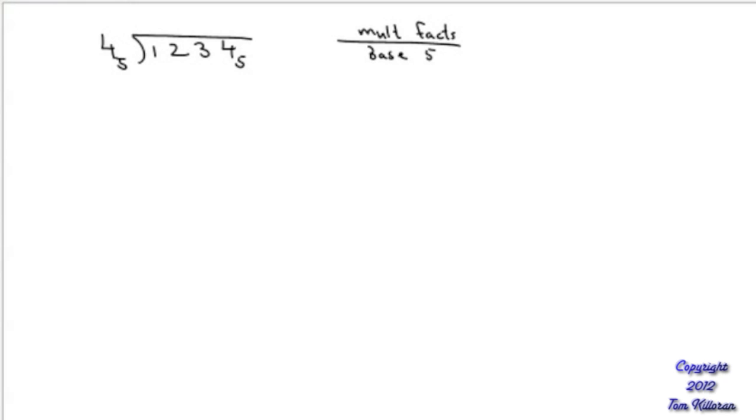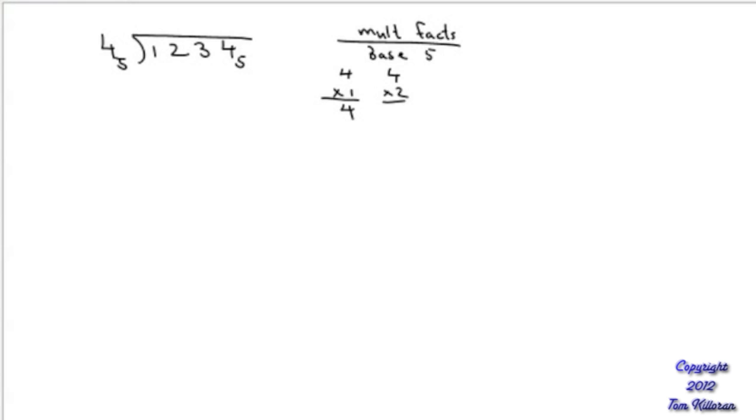So you start off with 4 times 1. I highly suggest you put the numbers on top of one another, because once you start putting them next to each other, left to right, you start reading things like 12 and 13 and 14, and nothing in this world is 12 or 13 or 14. 1 times 4 is 4. So then 2 times 4 is 8.